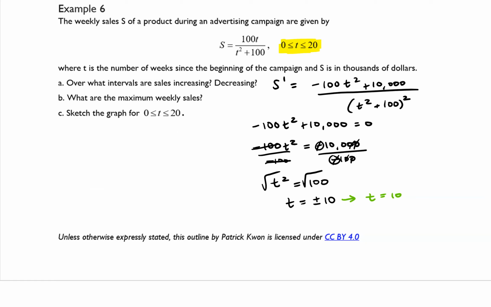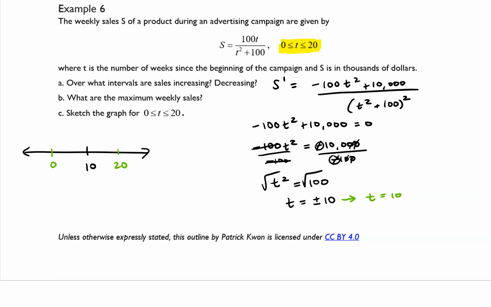I'm going to make my sign chart, and I have positive 10 here, and I want to use my test numbers. So I'm going to use 0, an easier number to work with, and then I'll choose 20 as my other test number.